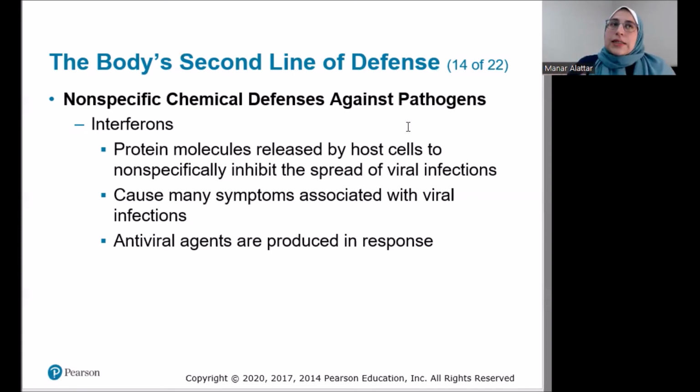And what that does is the interferons then create a chemical cascade that prevents the cells from doing some of their normal functions related to transcription and translation, because that's what the virus is going to hijack, right? It's going to hijack transcription and translation, and it's going to try to utilize those mechanisms.